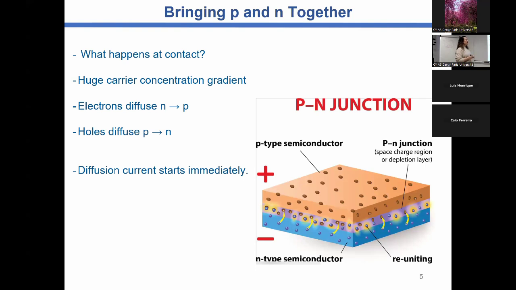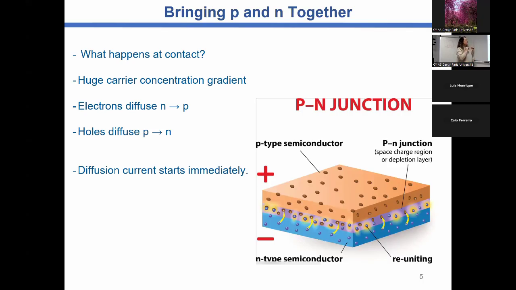the electrons diffuse from the N type material to the P type material, because of Coulombic attraction: the positive will attract the negative, and the N material has more negative charge.